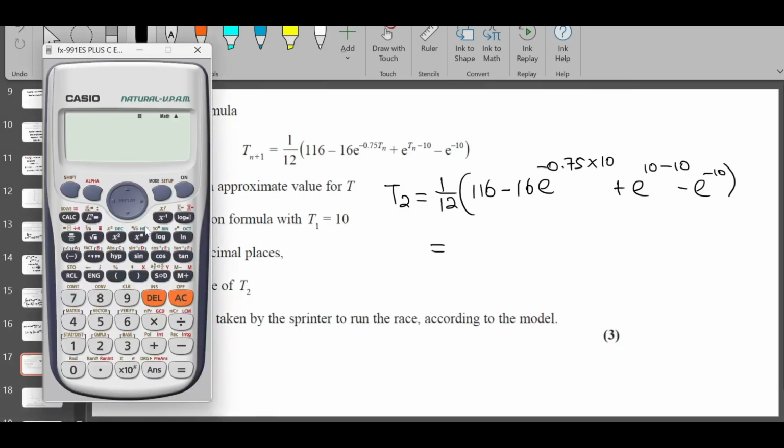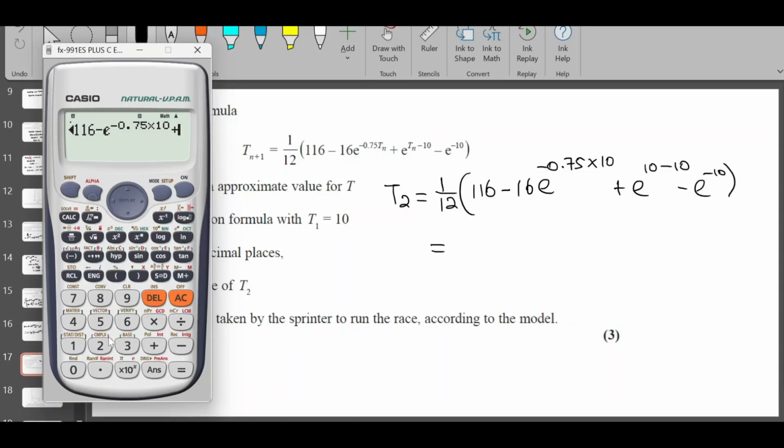So I'm going to type this in my calculator. You've got to be very careful. 1 over 12 times 116 minus 16 e to the power minus 0.75 times 10. Bring the cursor here.